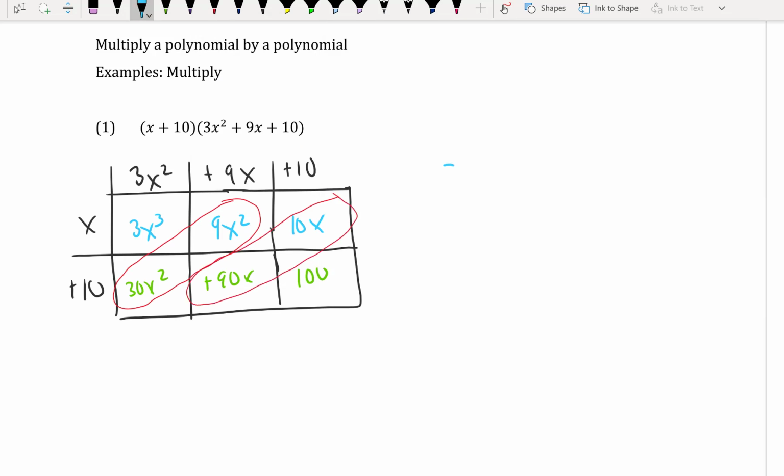So you do have your 3x cubed plus 9x squared plus your 10x. And the way that it's set up, you can write it as plus your 30x squared plus your 90x plus your 100.